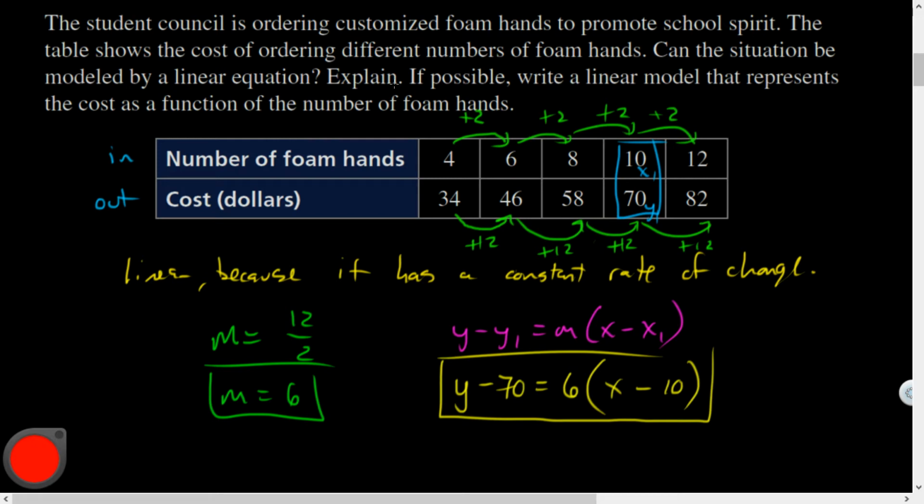So anyways, the y-intercept b was equal to 10. You were just hypothesizing, what if $10 is shipping? If $10 is shipping, what does it cost per foam hand?